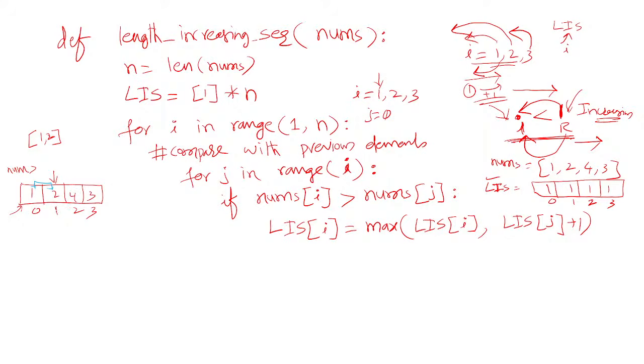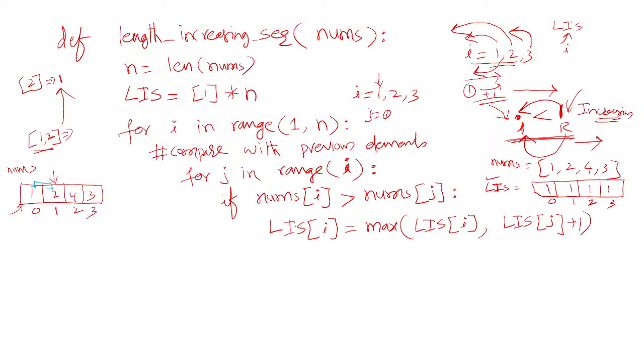Previously, at index 1, the individual element with length 1 was the only longest increasing subsequence. Now with the previous element, it has formed a longest increasing subsequence. So that's why we need to update its length here.